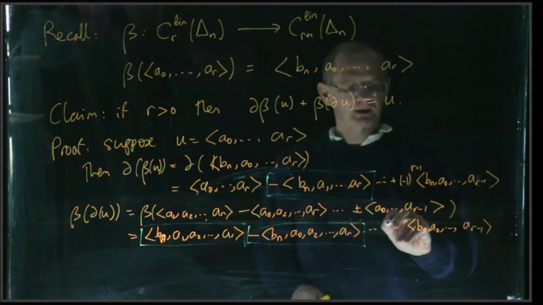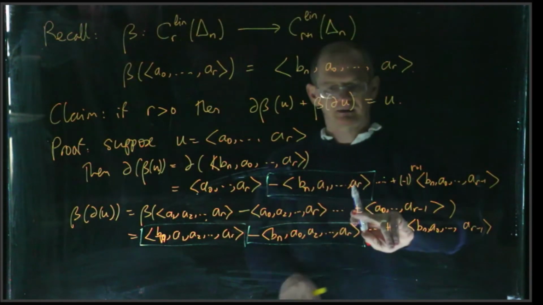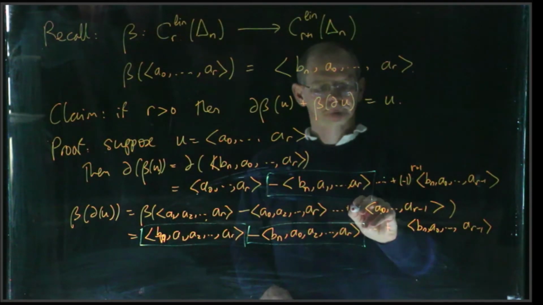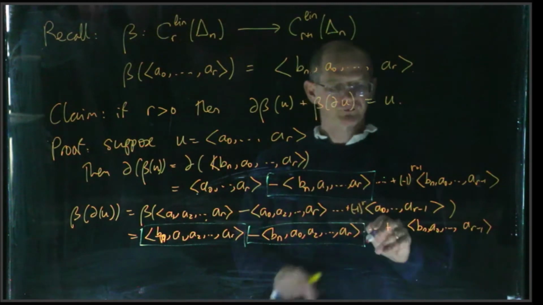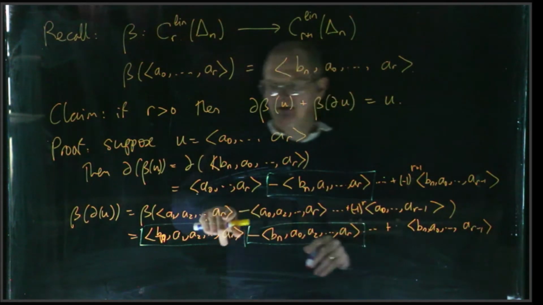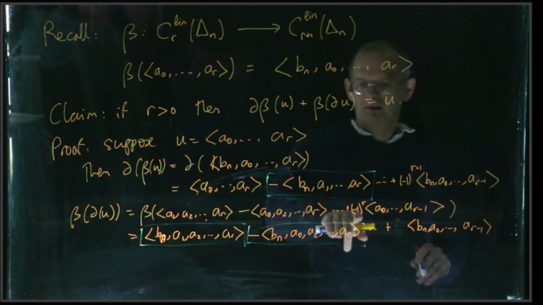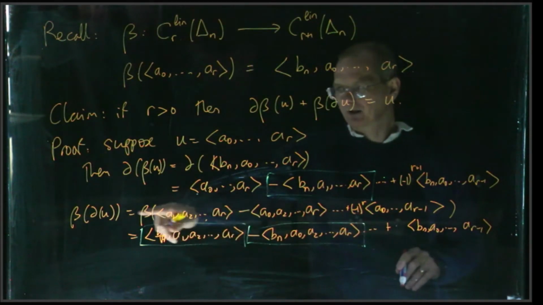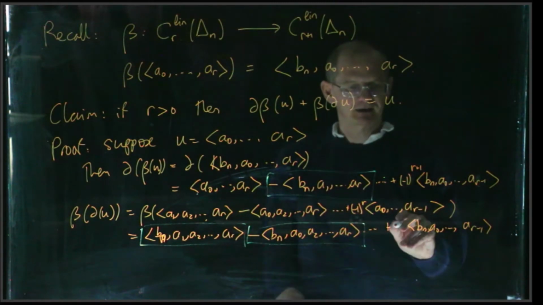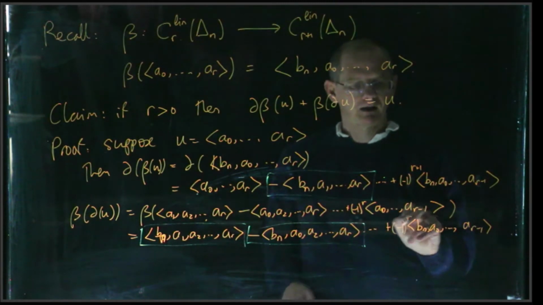And then this one here is in position R. Here we're omitting the AR, which is in position R. So it comes with a sign -1 to the R. And then here you're just doing beta, that doesn't change the sign. So that's a -1 to the R again.